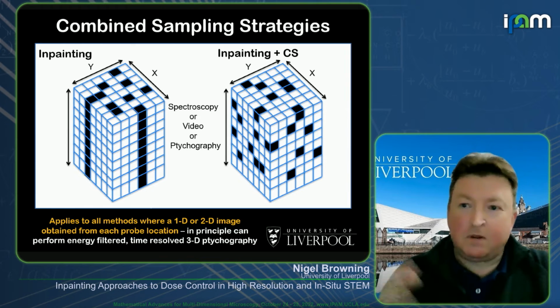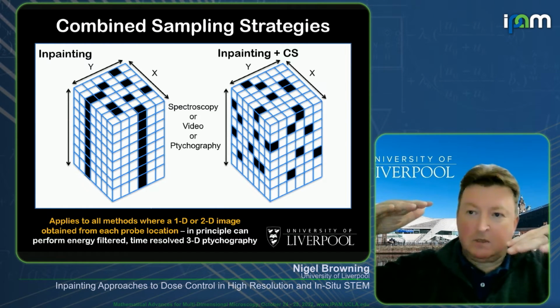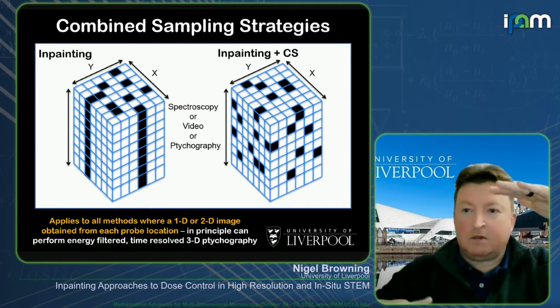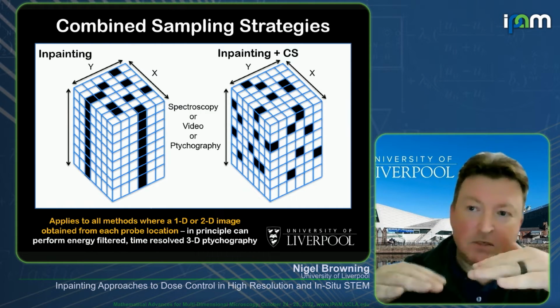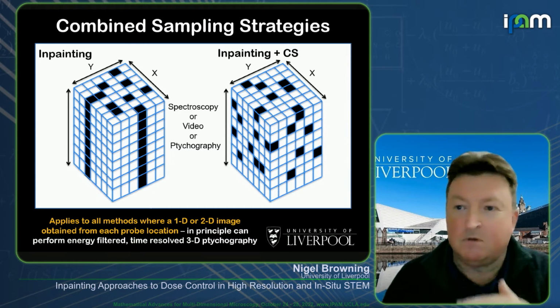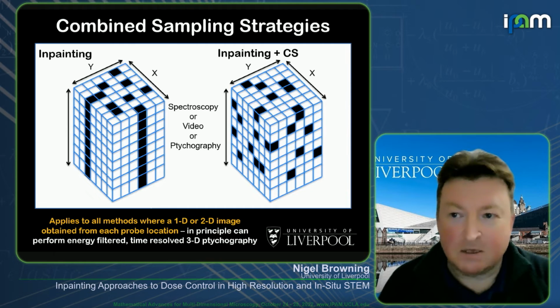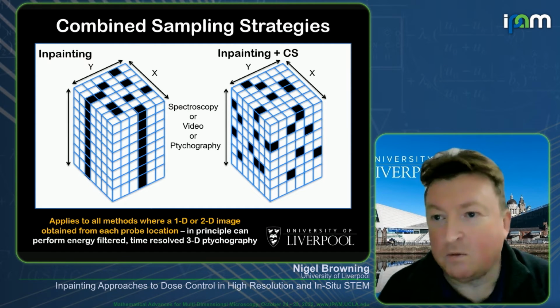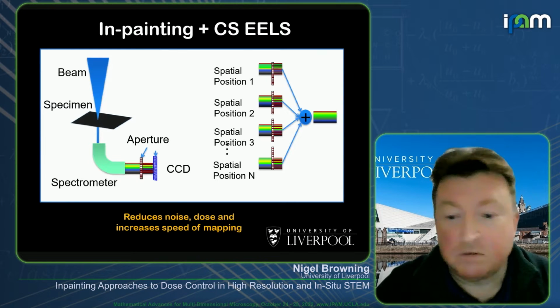Now, the important thing about the Inpainting is that each of those dimensions are not completely independent. So every time you add another dimension to your data set, you can actually decrease the amount of data points that you need for each of those dimensions, because they're not completely independent. They're looking at the same sample, you're Inpainting the whole thing together.